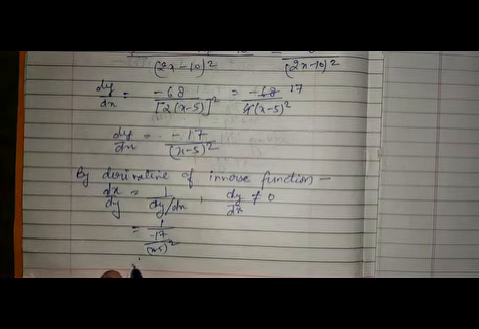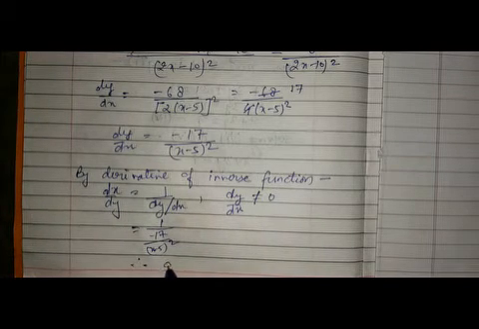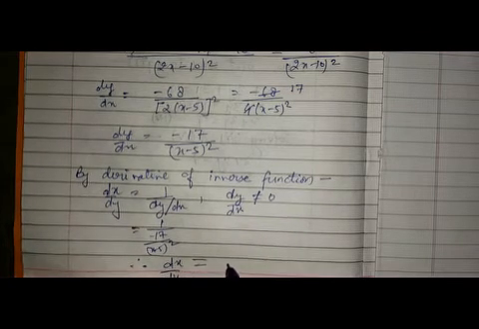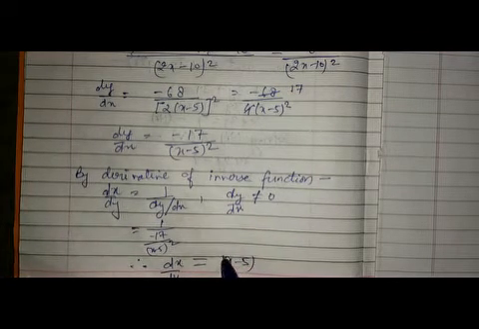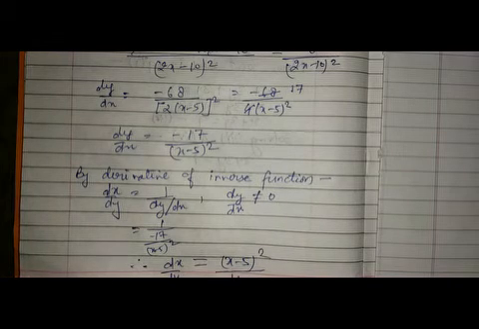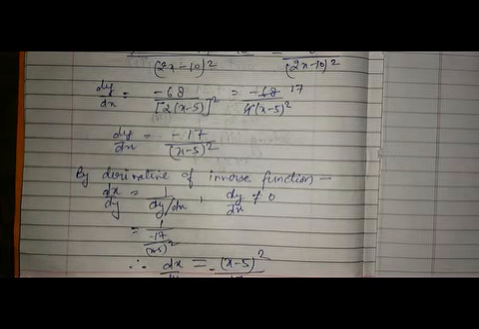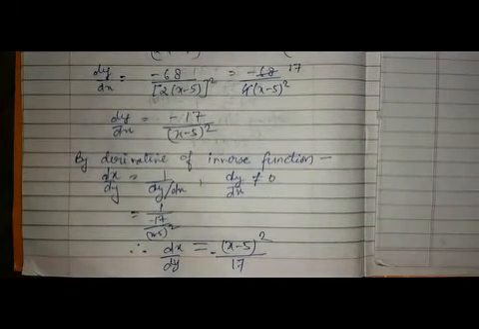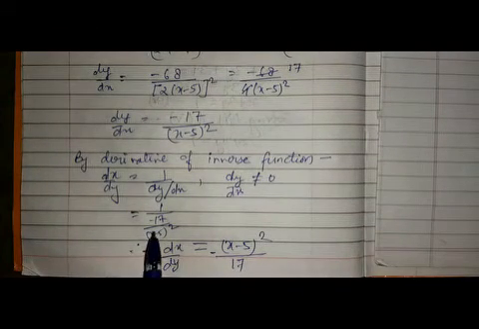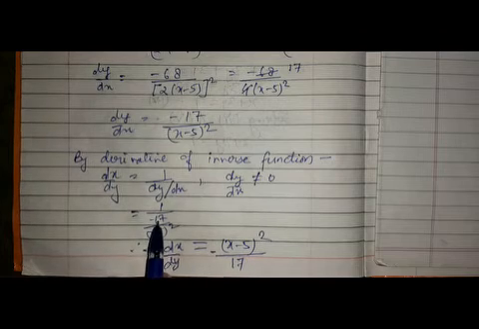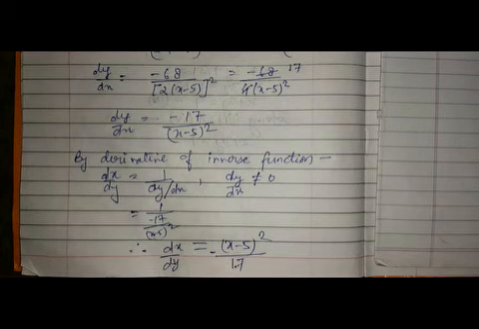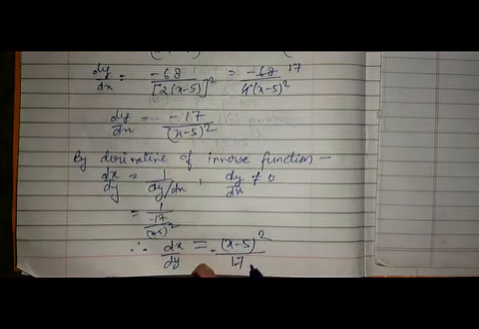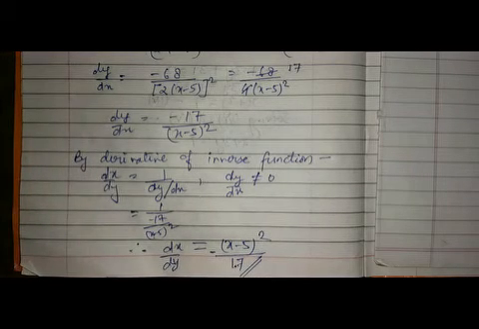So what we get? Therefore dx upon dy equals (x minus 5) whole square upon 17. Here again the numerator will become the denominator and the denominator will become the numerator on taking the reciprocal. So in this way you have to solve these questions.